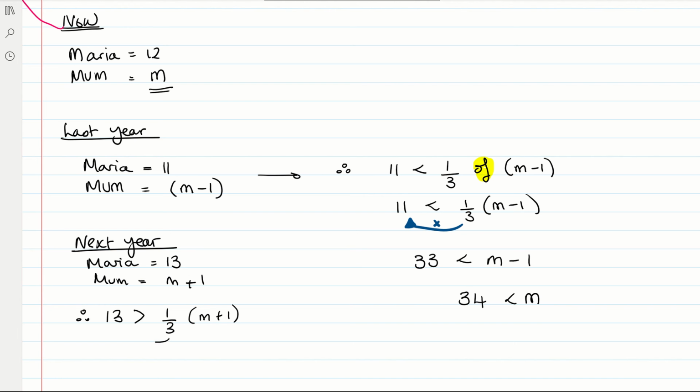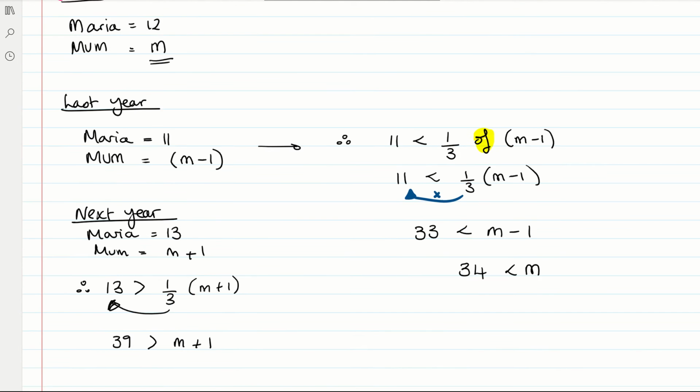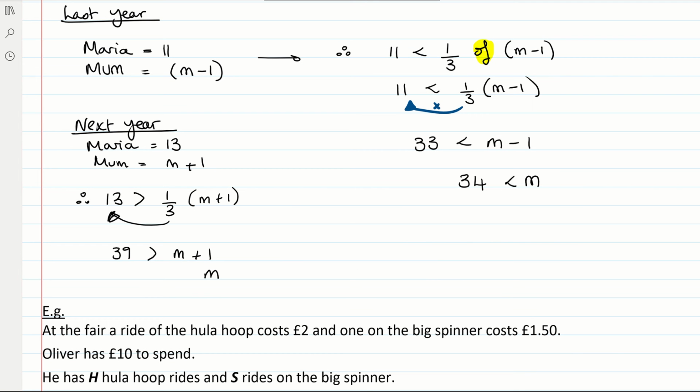And again, I'm going to multiply by 3. So that's 13 times 3 is 39, is bigger than M plus 1. So if I take away 1 from both sides, M is smaller than 38.